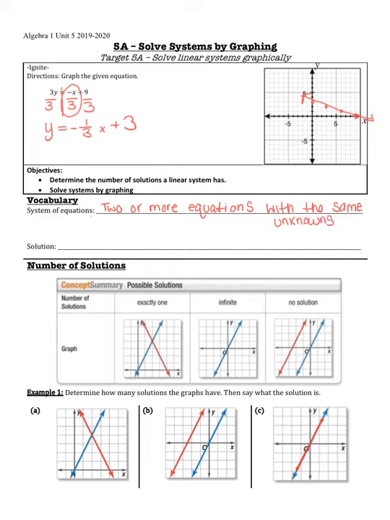So here's an example. I might have the equation 2x minus 1y is equal to 9, and then 5x minus 1y is equal to negative 2. And we're going to be solving for both x and y.